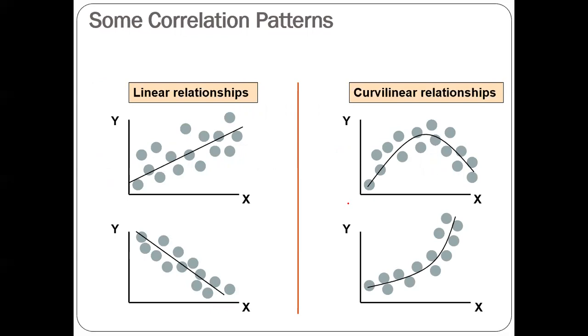So these are some correlation patterns. If you run the correlation analysis in, for example, SPSS software or another software like SAS, the software will run the analysis for you and will interpret the results based on the graph. For example, this is the linear relationship and this is the curvilinear relationship.